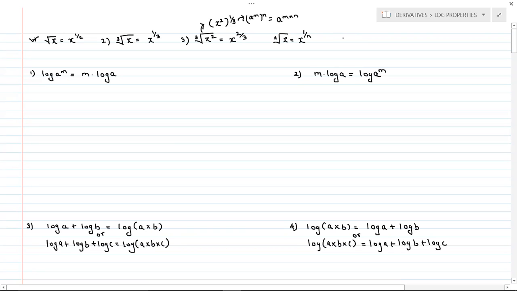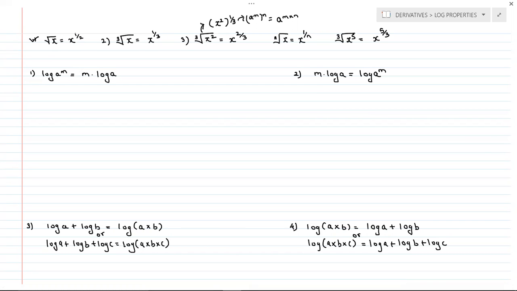Similarly, if you want to convert the cube root of x raised to 5, it can be written as x raised to 5 by 3. Okay, so this is the basic thing you must know before dealing with the properties based on the law.